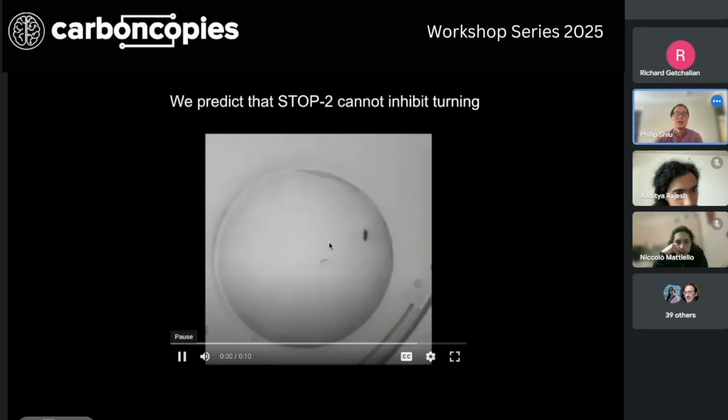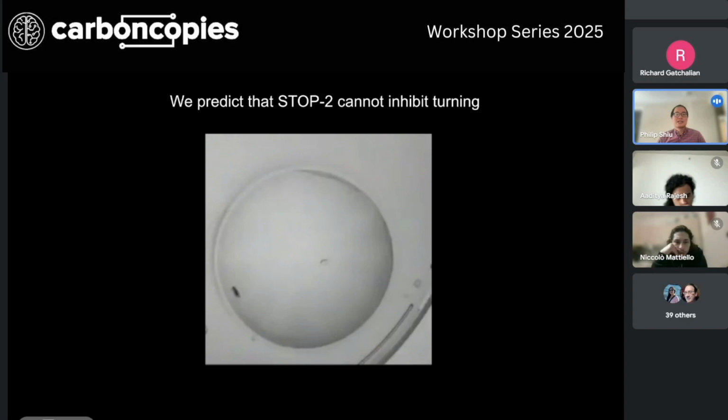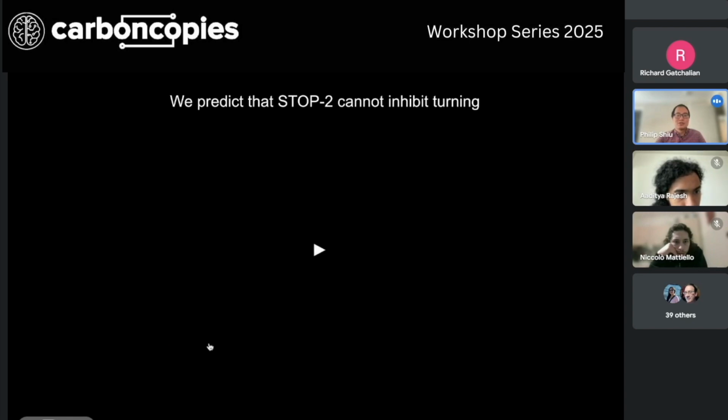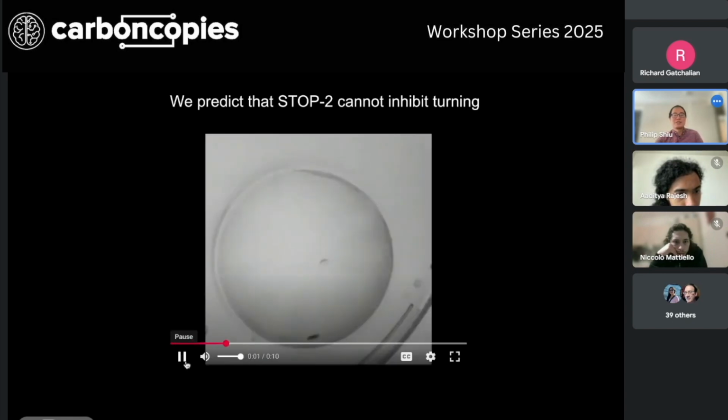So what does that look like? Here, we're going to activate STOP2, and we're going to ask, okay, what does this actually look like? And I hope you can see that within this video. Basically, when we activate STOP2, our prediction is that STOP2 cannot inhibit turning.